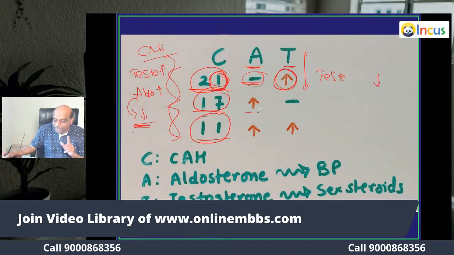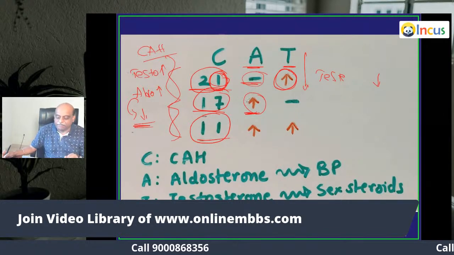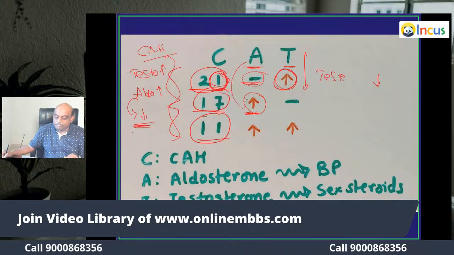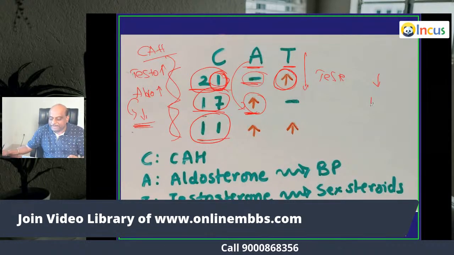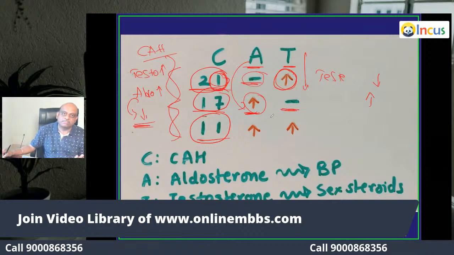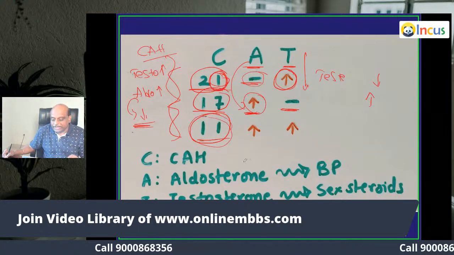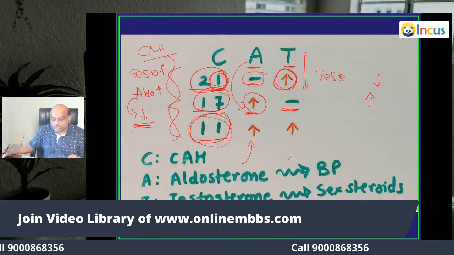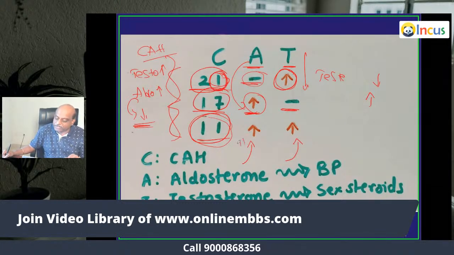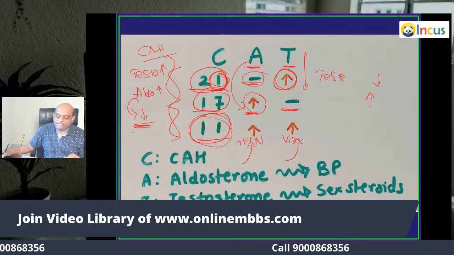In 17, 1 is coming in the A position, so mineralocorticoid is elevated, but testosterone is decreased. Whereas in 11, both aldosterone and testosterone are elevated, so they present with hypertension, plus if it is a female child, virilization.